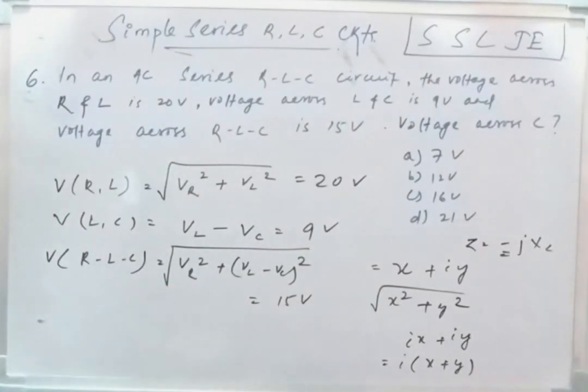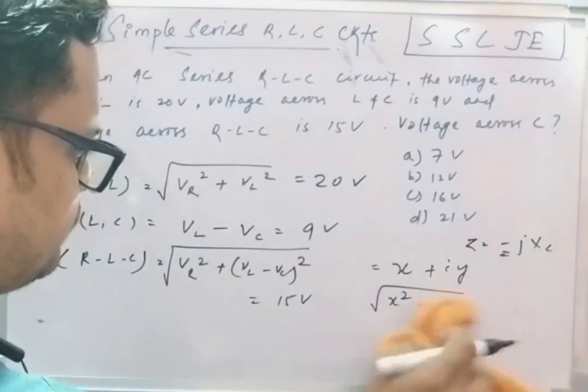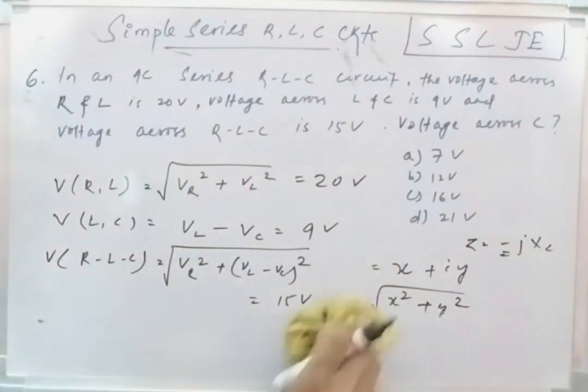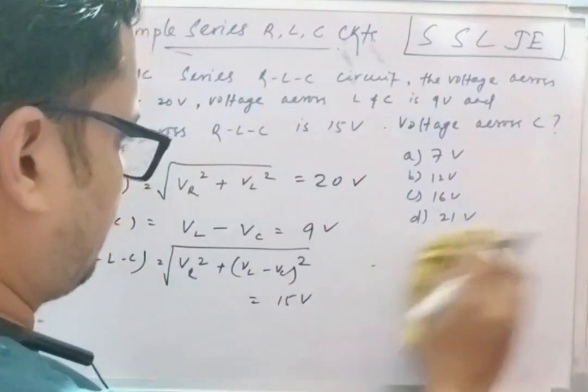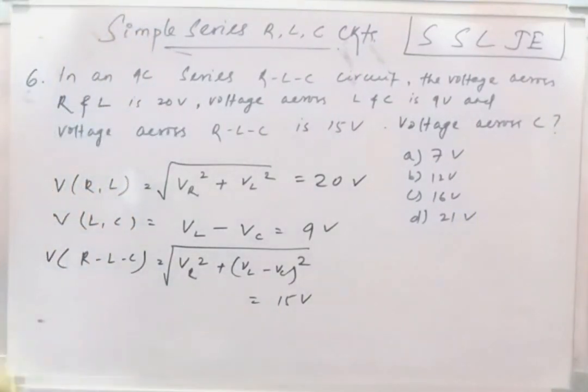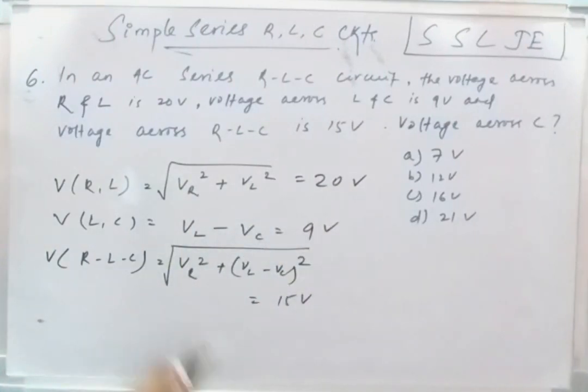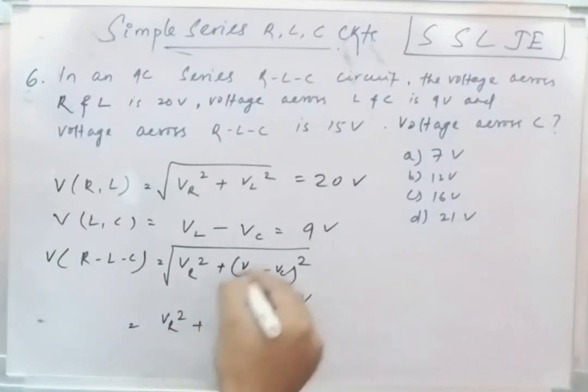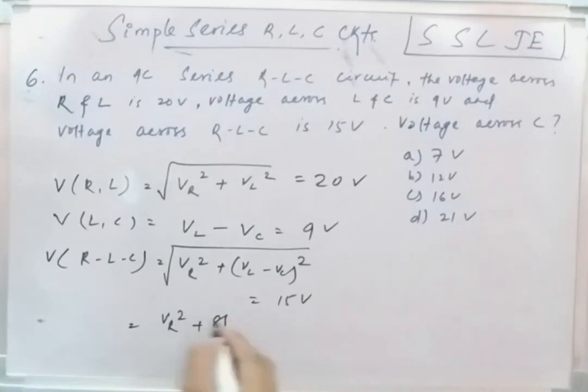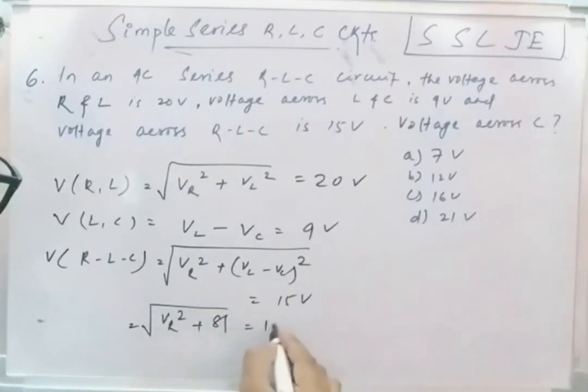So let us solve this. VR square plus VL square is given as 20 volt, and here VR square plus (VL minus VC) whole square is equal to 15 volt. VL minus VC is given as 9 volt, so I can put 9 in place of VL minus VC. So this becomes the square root of VR square plus 9 square, that is 81, equals 15 volt.